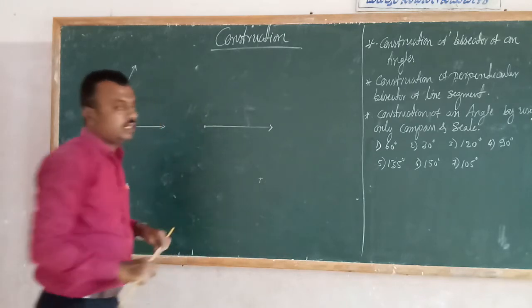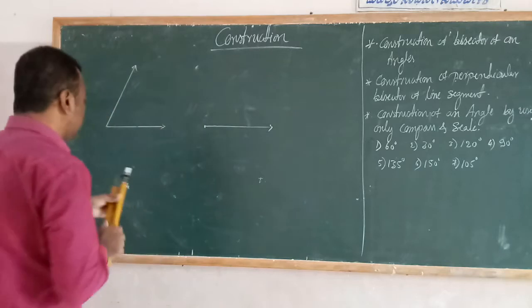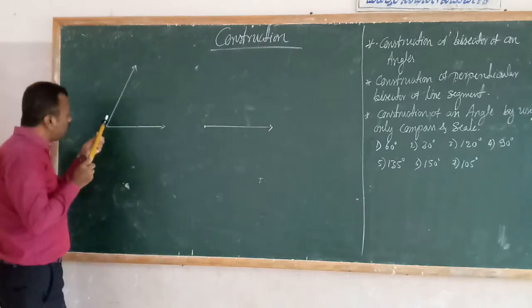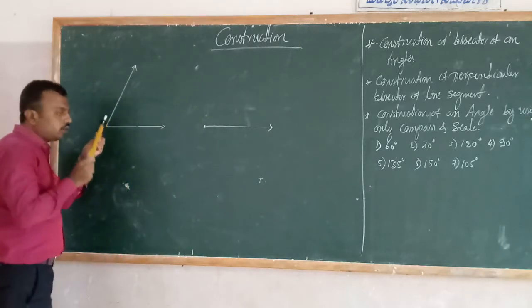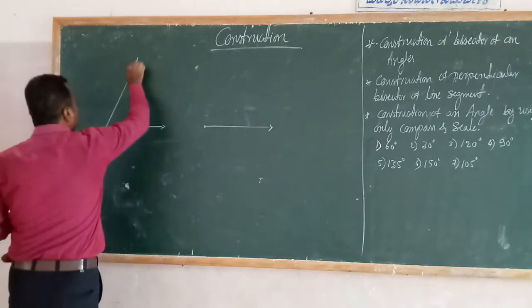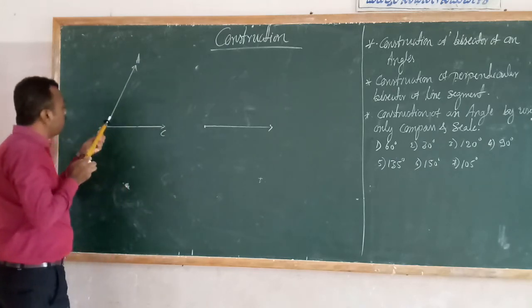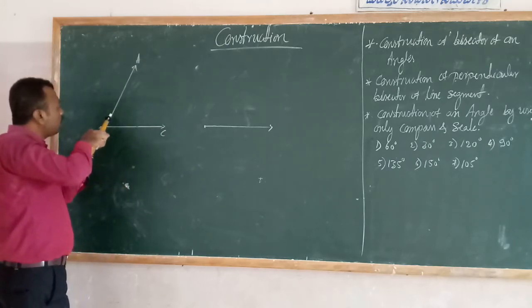Next, take the compass. You have to keep it on this point, and give names for this angle. So I will name this A, this B and this C. Keep the compass on the point B and cut an arc.